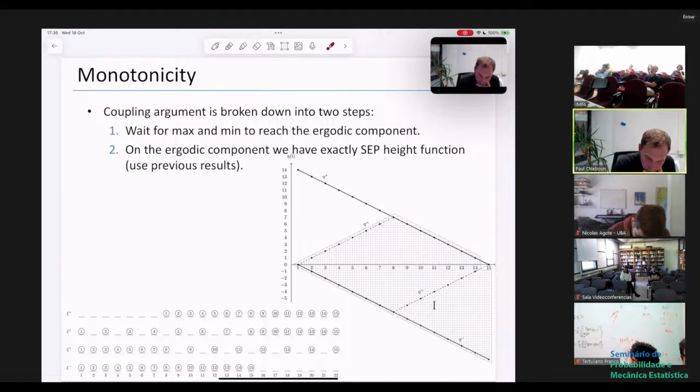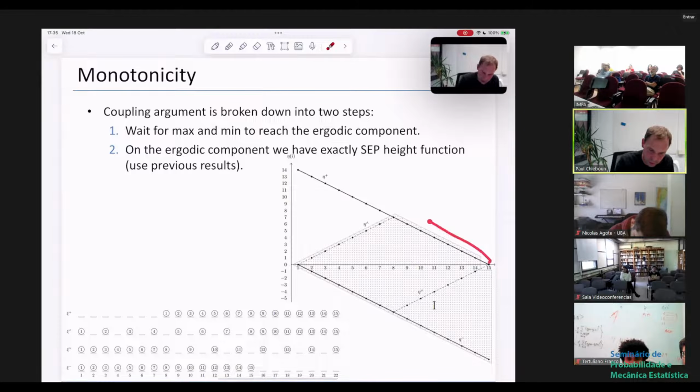And the other two configurations that are drawn here are the maximal and minimal configurations on the ergodic component. So ones whose height functions look like simple symmetric exclusion process height functions. Okay, and then the way we do the argument is essentially in 2 steps.